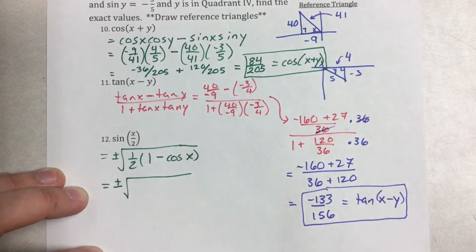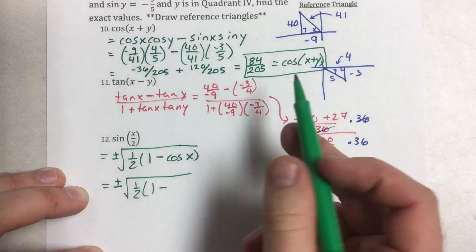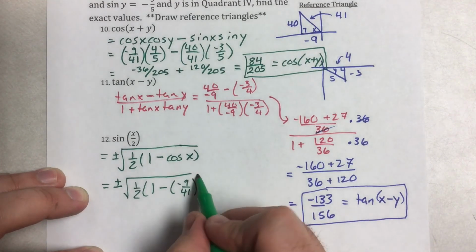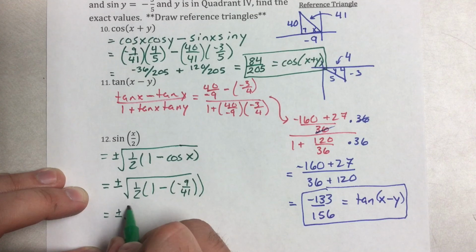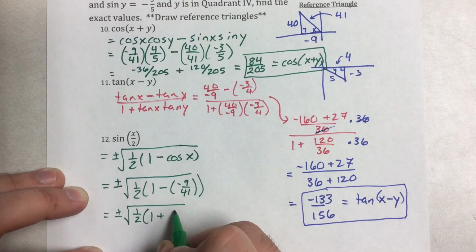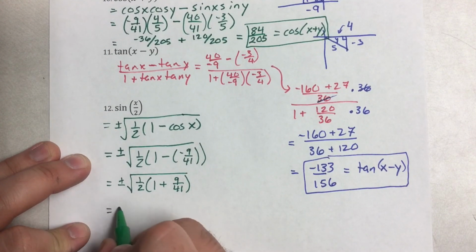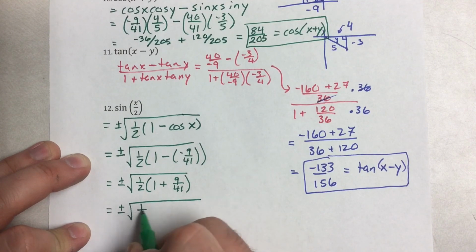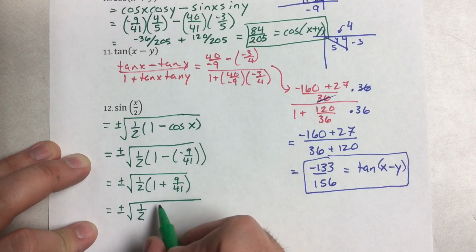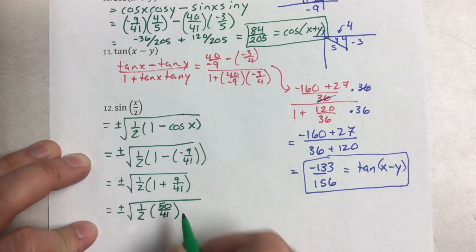So we have 1/2 still, 1 minus cosine of x, which is 1 plus 9/41 now. Simplifying, this is 41/41 plus 9/41, which is 50/41.